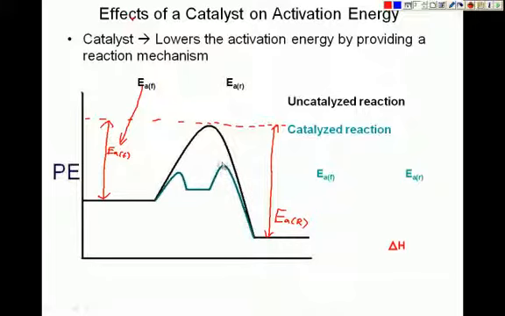So this is the rate determining step, and so we're going to calculate our activation energy using this second step right here. So this second step, we're going to try to draw in blue, and this is our activation energy in the forward direction.